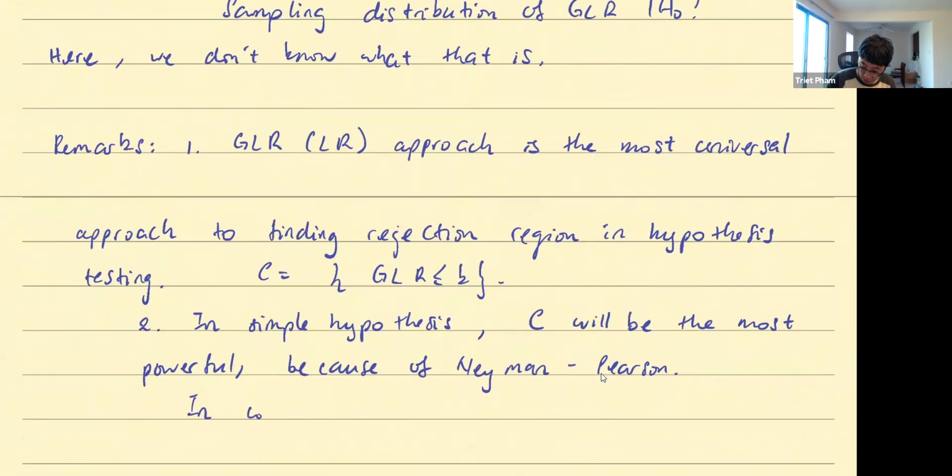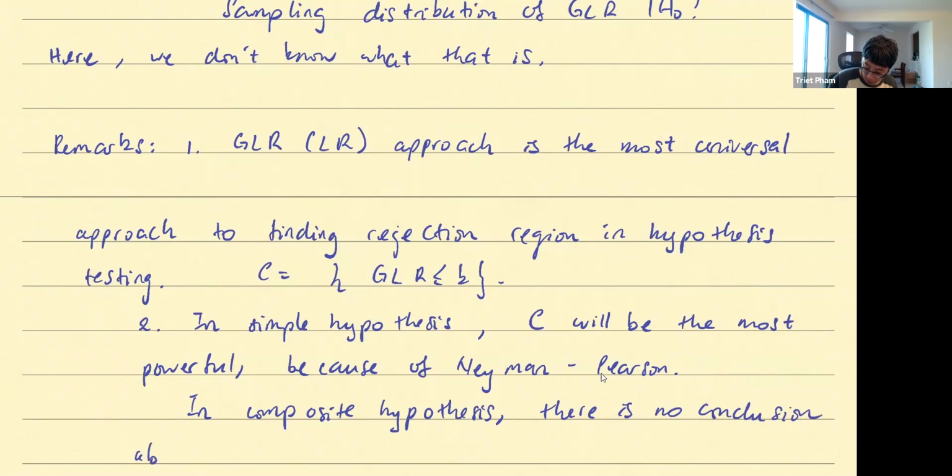In composite hypothesis, there's no conclusion about the power of C.